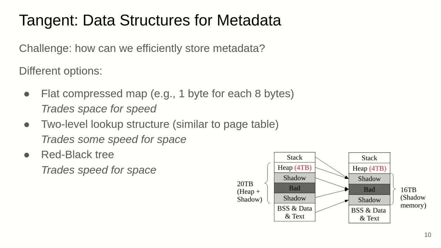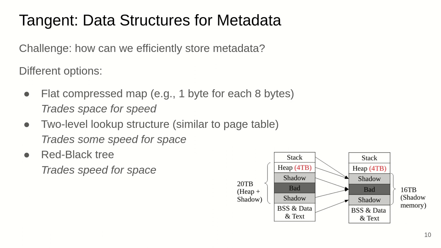So each 8 bytes in the address space have a corresponding 1 byte metadata value. And we take this base address plus the address shifted by 3 and then thereby get the location for our target address in the metadata array.